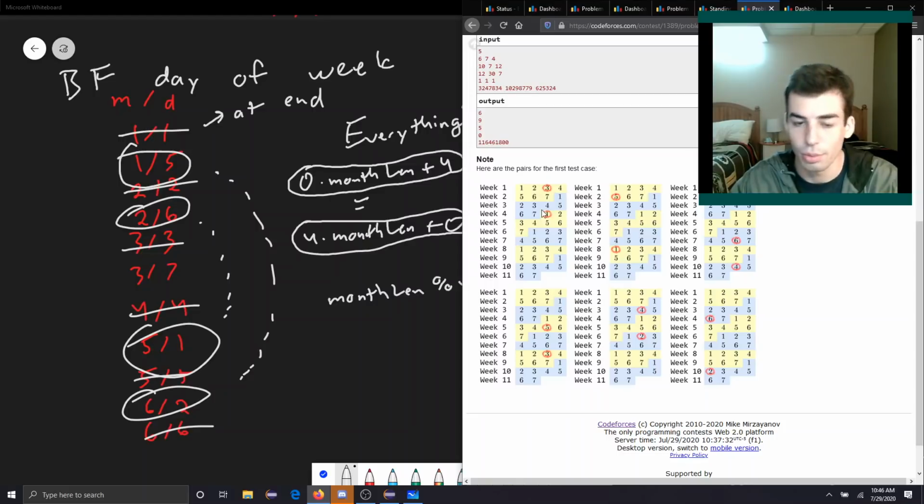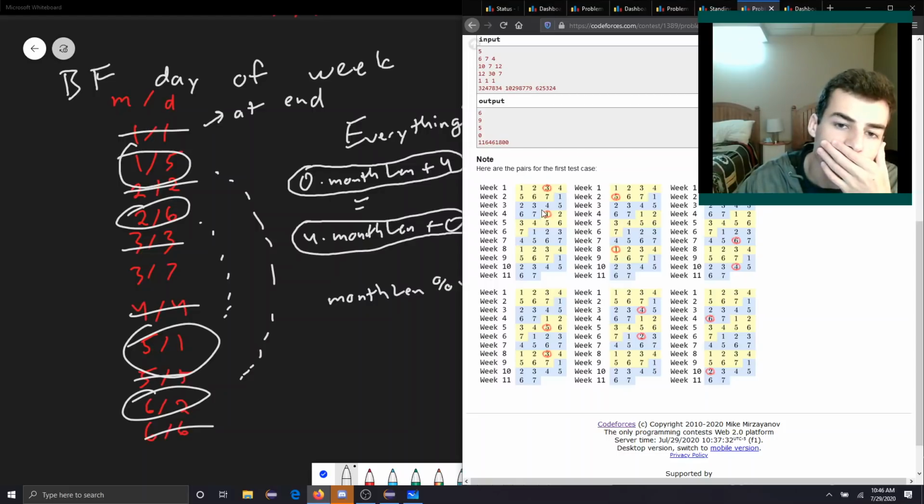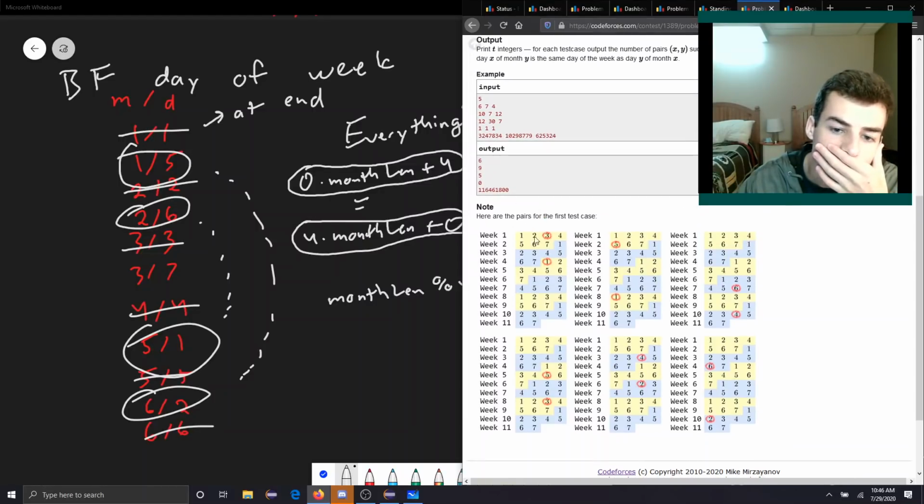Well, this is equal to 3. The month length is 3. Yeah, mod the day of the week is 3. So 0 times 3 plus 4 is equal to 4.